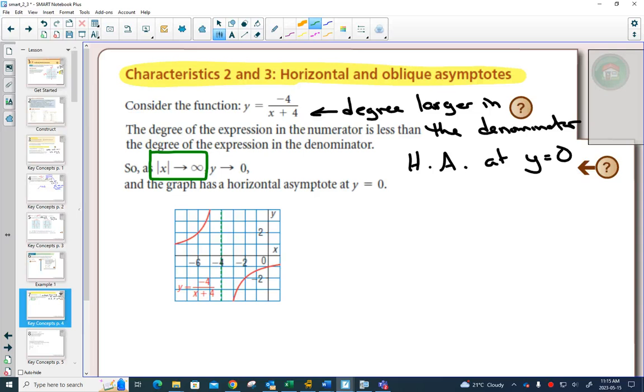Or you could write x with an arrow to -infinity, either a really big positive number or a really big negative number. They put it in absolute value signs to say both at the same time. So this is one group, the easiest group to find your horizontal asymptote. Degree is bigger in the bottom.